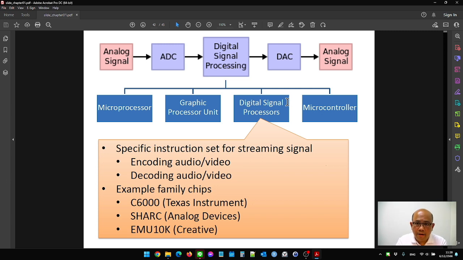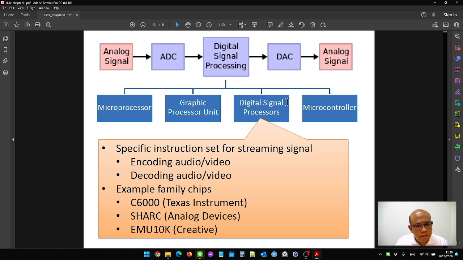After that the receiver decodes the data and changes it from the digital signal to an analog signal. So the main point for encoding and decoding is the work of the digital signal processors.